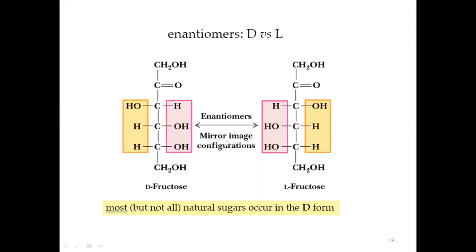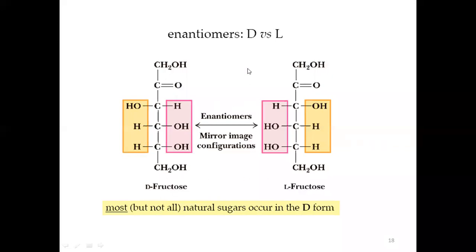Here, the OH is on the right side with respect to the C double bond O, so therefore this is a D, and this structure is what you call fructose.